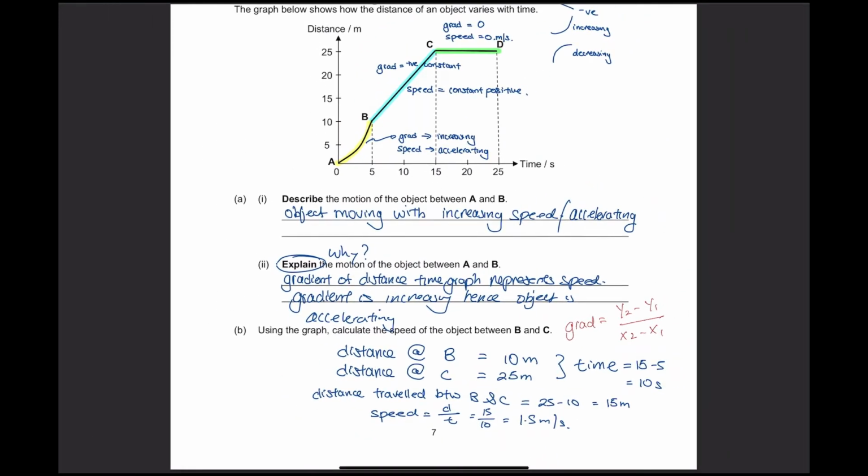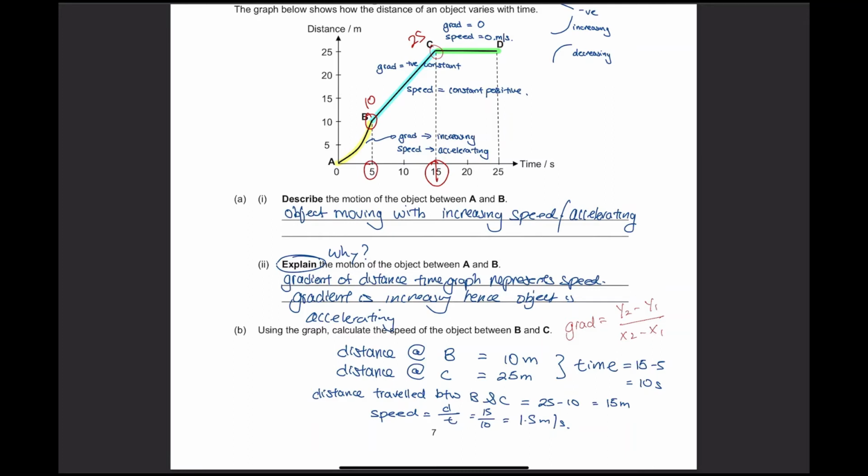So from here we're able to find that the final distance down here is 25 meters, and the time is 15. And at point B down here, the distance is 10 meters, and the time is 5 seconds. So therefore, we need to find the total distance traveled.